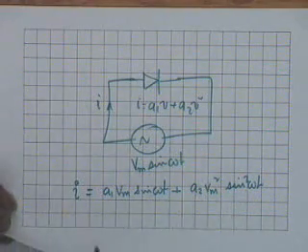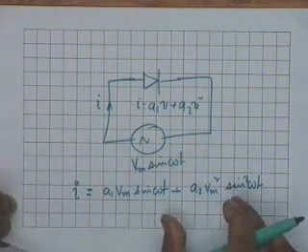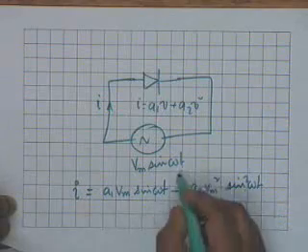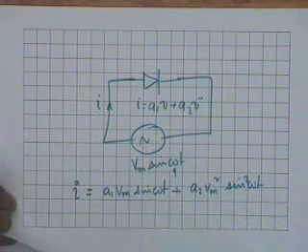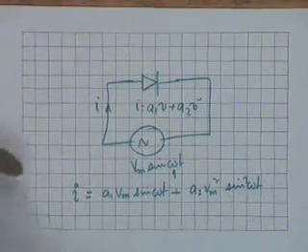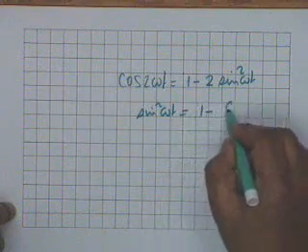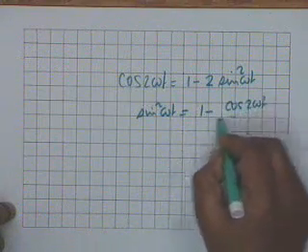Now to see what effect this nonlinearity has on the output frequency. The input frequency is omega radians per second. What are the output frequencies? You notice that cosine 2 omega t is equal to cosine squared omega t minus sine squared omega t, which is 1 minus 2 sine squared omega t, and therefore sine squared omega t is equal to (1 minus cosine 2 omega t) divided by 2.